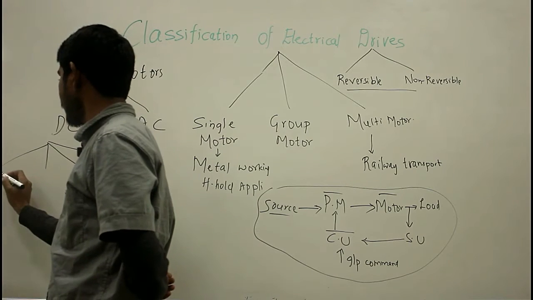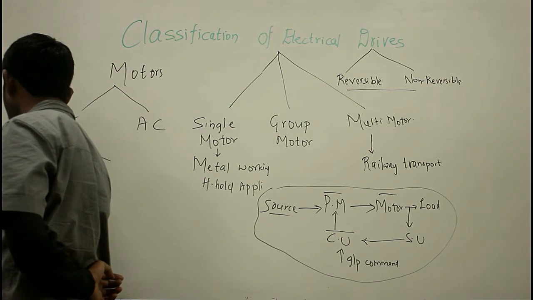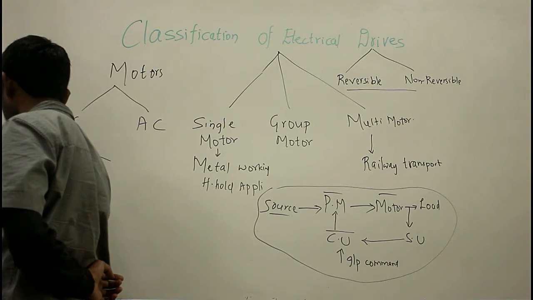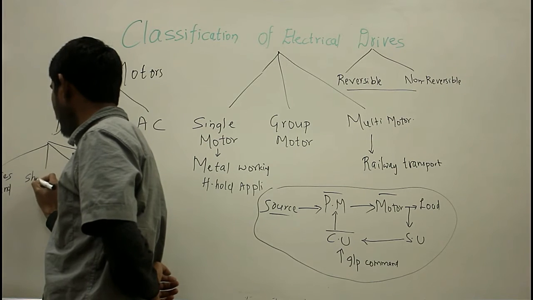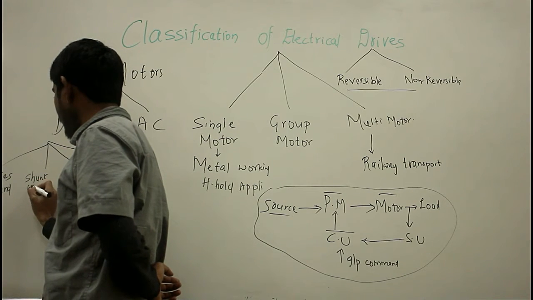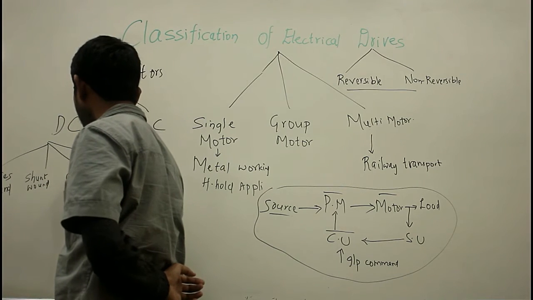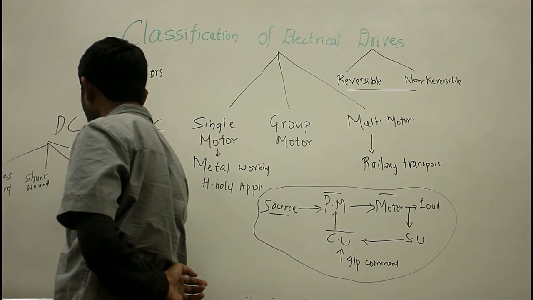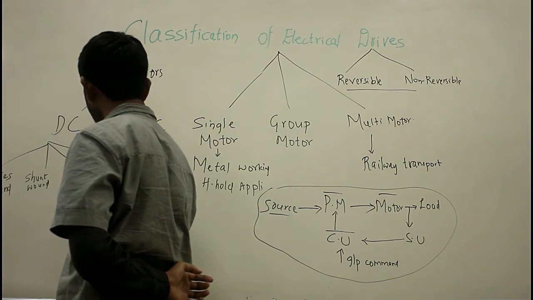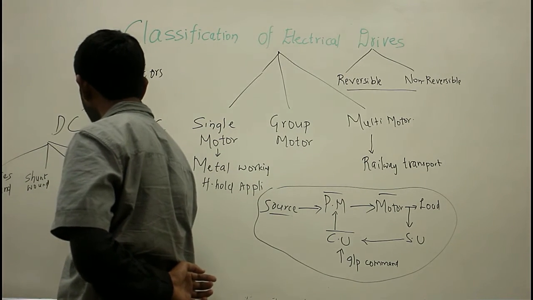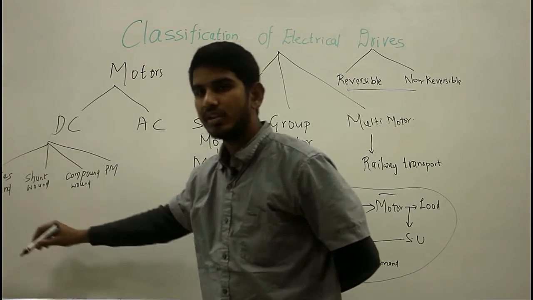One is series wound DC motor, and again shunt wound DC motor, and again compound wound DC motor, and here you are having permanent magnet DC motor. Now, this is the classification of your DC motors.